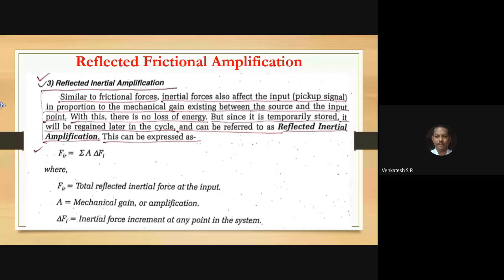Say the 10 RPM is increased to 1000 RPM. In that case, a little inertial amplification is lost due to the improvement of the signal. So that can be called reflected inertial amplification.